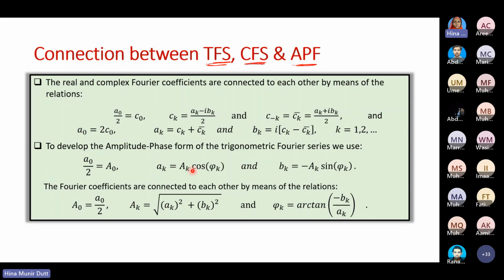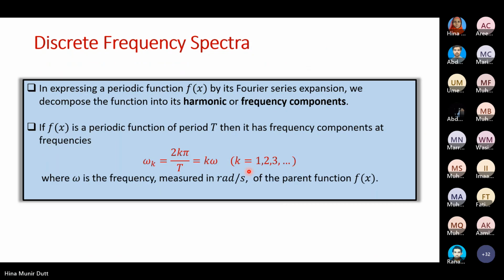For the cosine waveform, A naught is equal to A naught over 2, AK is equal to this one, and the phase angle is equal to tan inverse of minus BK over AK. So this is the relationship or connection between all the three forms of a Fourier series.